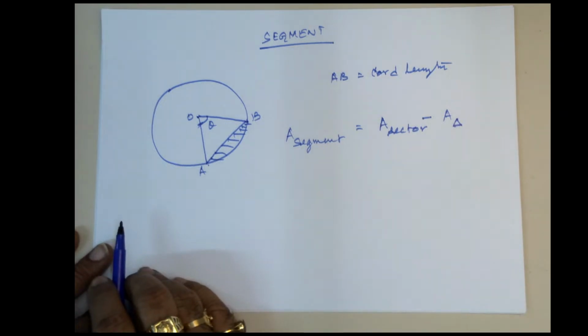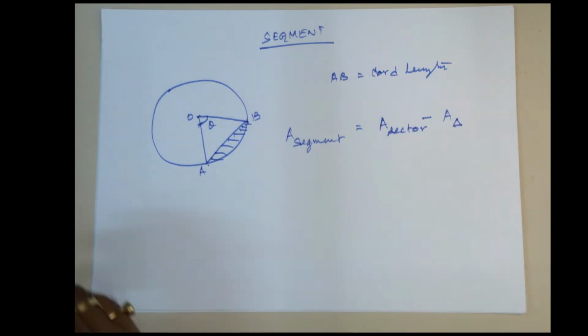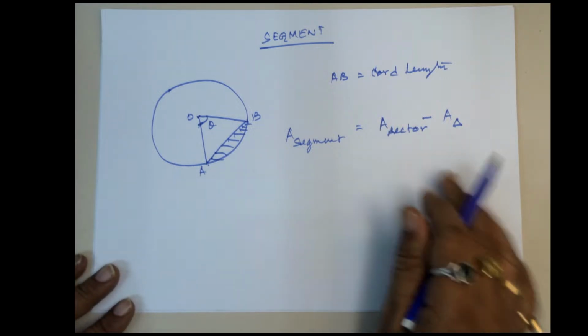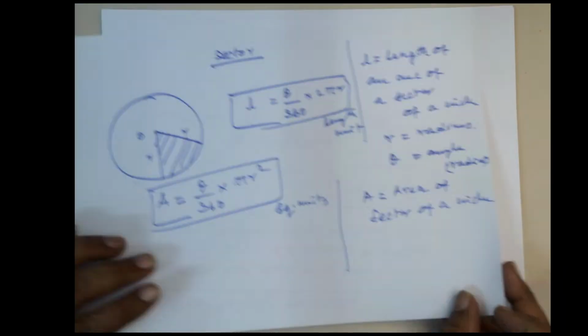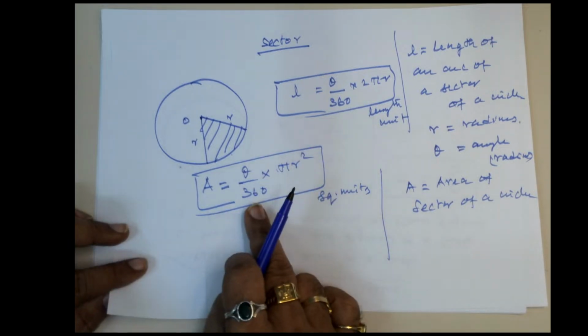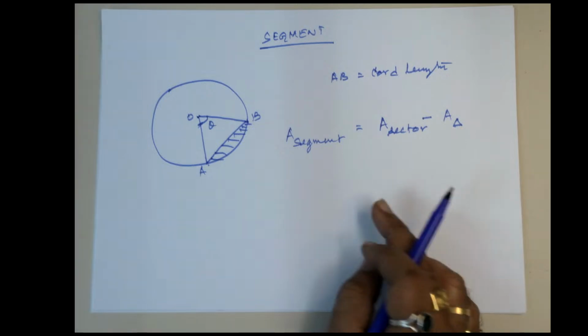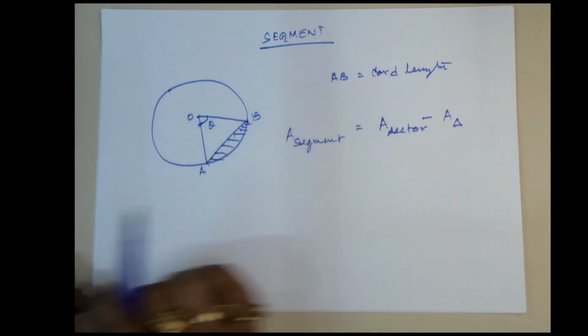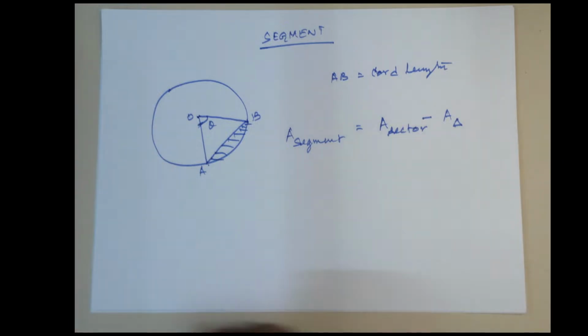Do you understand? So what is the area of the sector that we know? You have to calculate theta divided by 360 into pi r squared, minus the triangle area, half b h. Okay, right.